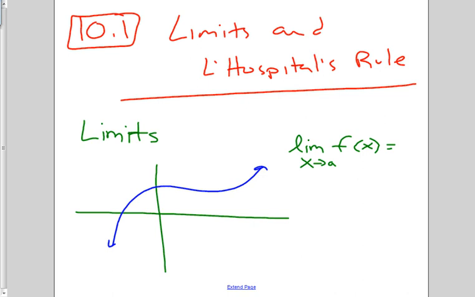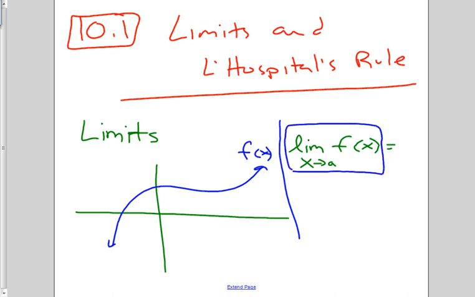So here we have some function f of x, and what we want to do is think about the limit as x approaches a of f of x. And what this is really talking about is, as x gets close to a, on either side, what is our f of x value getting close to?